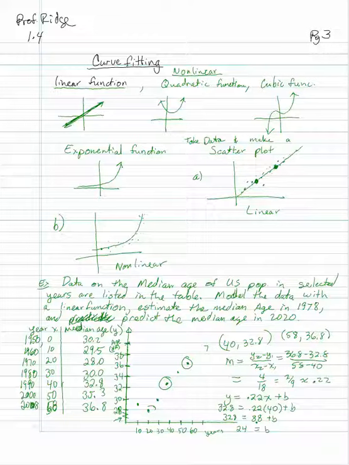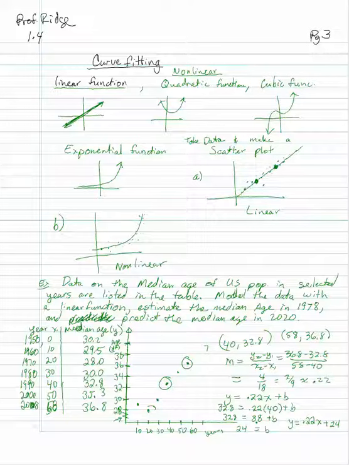So my equation is going to be y equals 0.22x plus 24, or I should say f of x, but that doesn't matter.